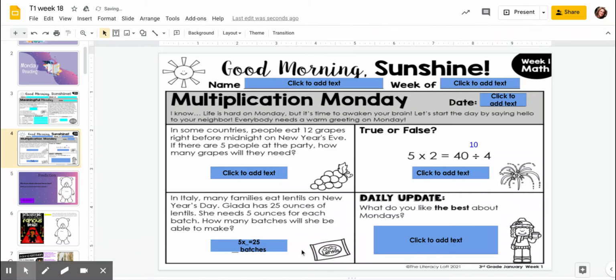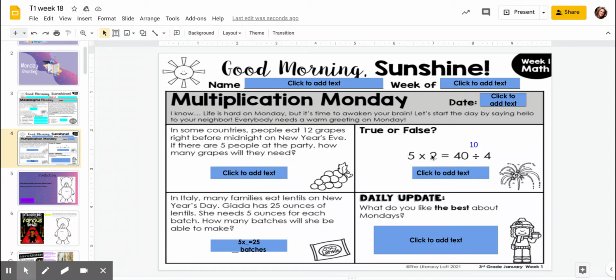Over here, true or false, 5 times 2 is the same as 40 divided by 4. Once again, because we haven't done a lot with division, I went ahead and told you that 40 divided by 4 is 10. I know that because 10 plus 10 plus 10 plus 10, 10 added together 4 times, is 40.